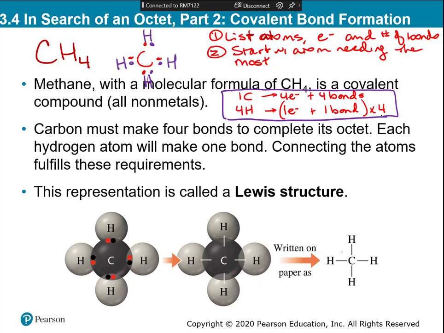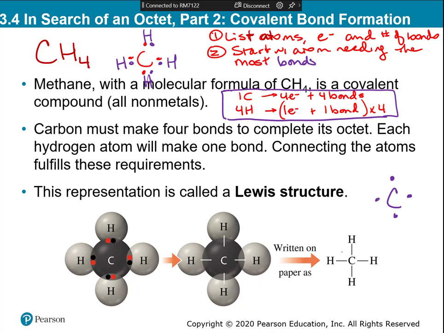2 makes it stable. So the next rule, when I go to draw this, I always start with the atom that needs the most bonds. So I have to start with carbon. I put carbon down first and I put its electrons and spread them out. So carbon with 1, 2, 3, 4.